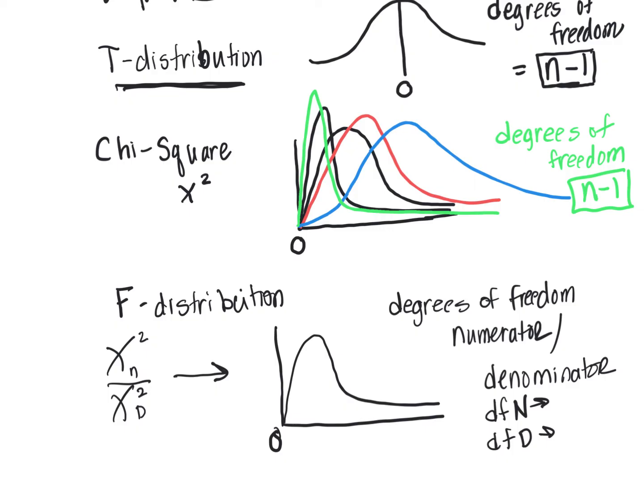Right? So let's take a quick look at real briefly, like how do we use this, right? You know, like what would we do? Let's say I want to know, let's say I have a chi-squared distribution. So I have a chi-squared, and I have a sample size of 17.